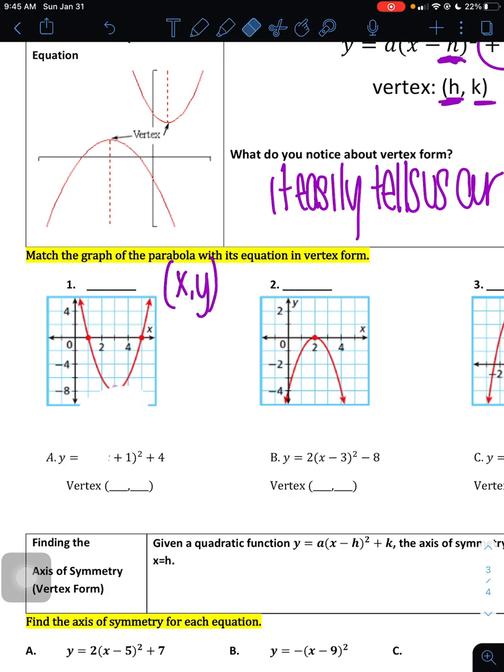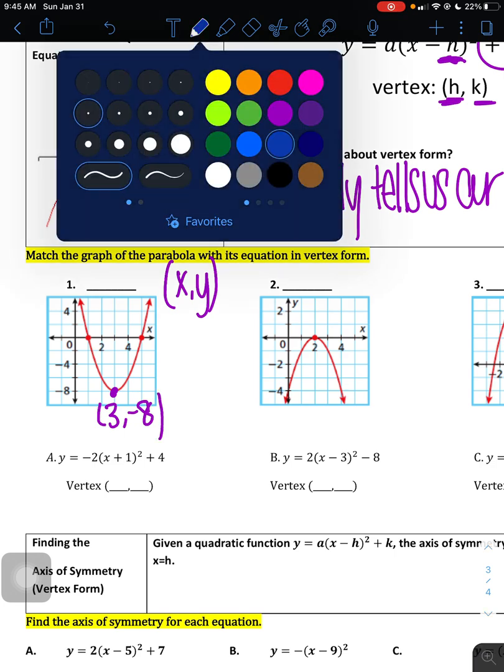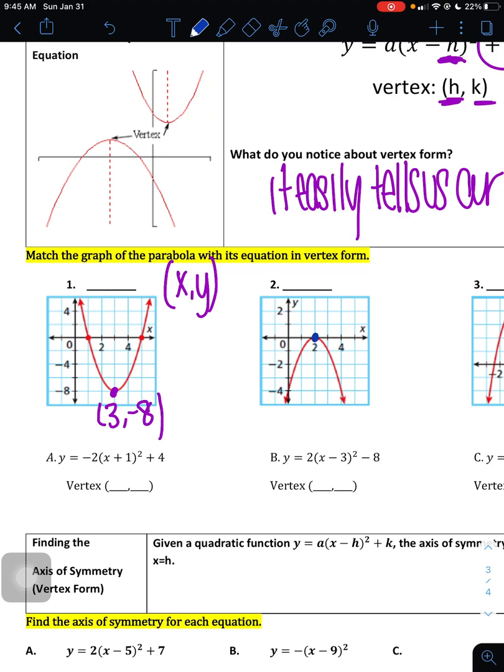So if I'm taking a look at this first point right here, this purple one, I know that this is going to be 3 comma negative 8. That's the vertex there. And then if I take a look at this next one, I'm going to make this blue. I see that this is on our x-axis, so it doesn't have a y value. So this is just 2 comma 0.